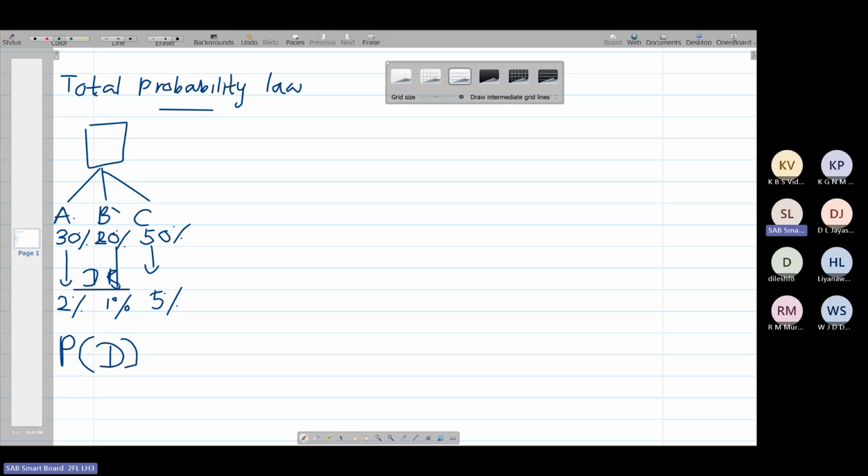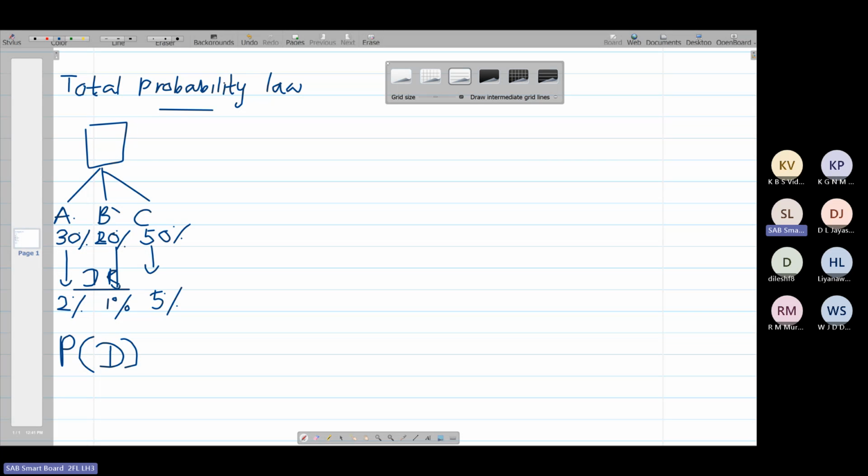These 3 events are collectively exhaustive. The union of the given events is equal to the sample space. Here, union equals 1. It represents the whole sample space. So these events are collectively exhaustive.